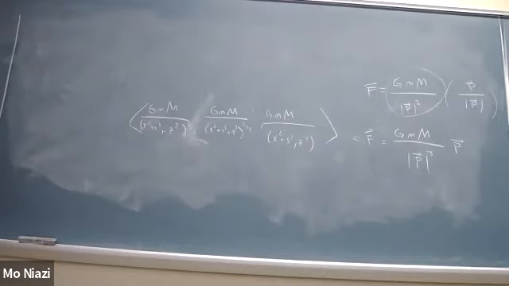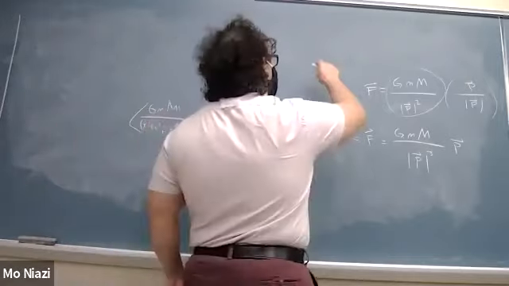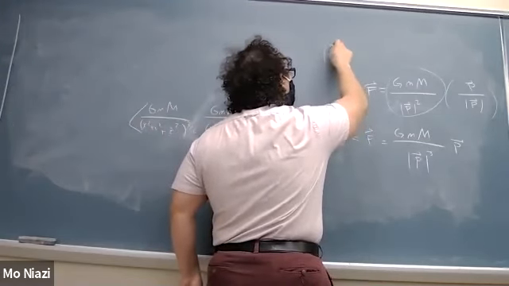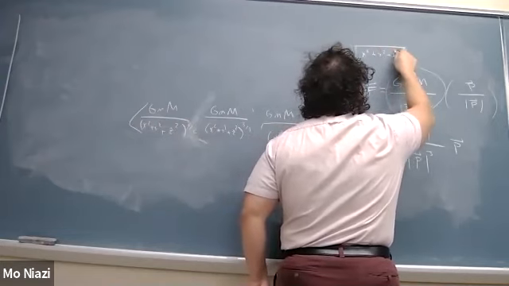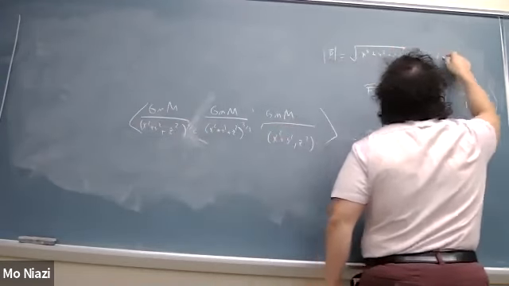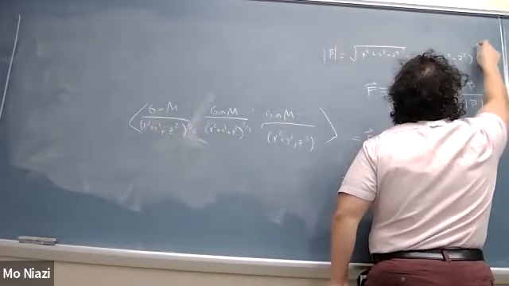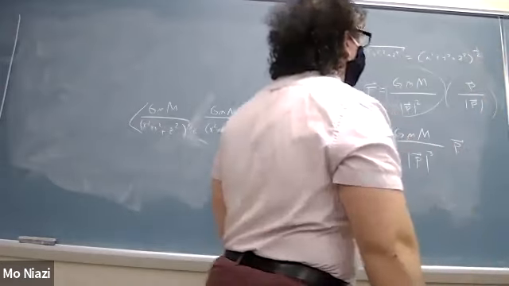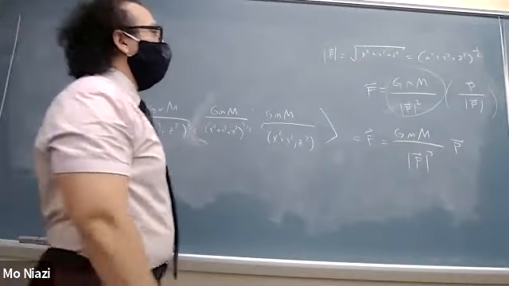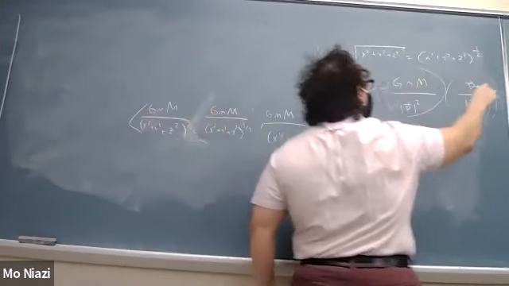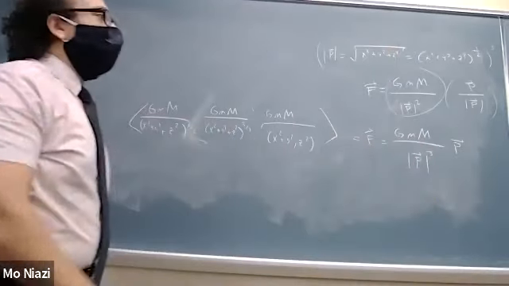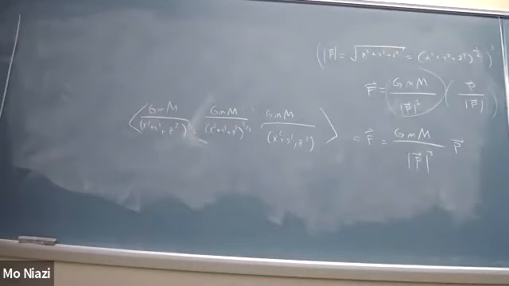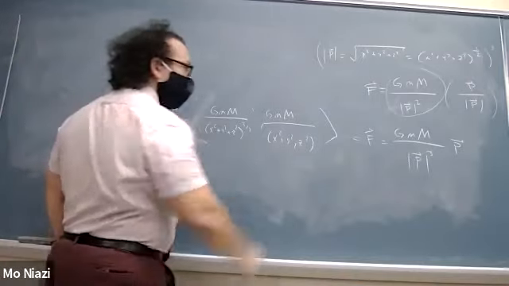Well, that's because, remember, the magnitude of P is equal to this. So when we did magnitude of P cubed, we're just cubing both sides here, raising it to the third power. And so that's why you get the 3/2, and it's in the denominator, and that's why the 3/2 is showing up in the denominator.